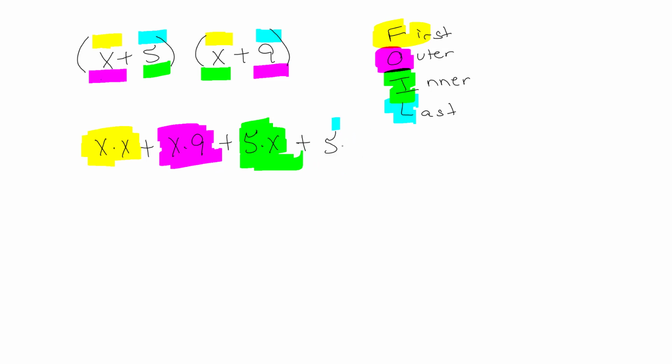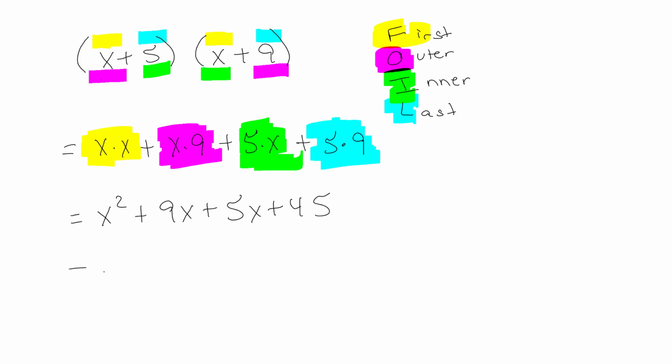So we've got x squared plus 9x plus 5x plus 45. And again, combining those like terms in the middle, x squared plus 14x plus 45.